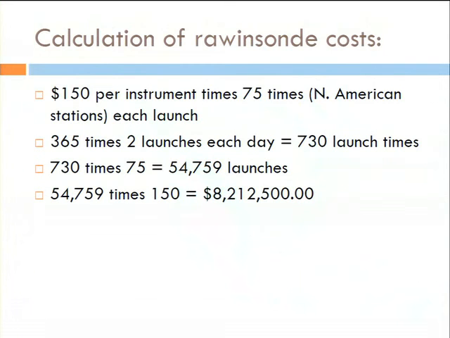And they're actually fairly cheap, relatively speaking, right? So they only cost about $150 per instrument. And yeah, so if you do some simple calculations, the number of stations across North America, it runs out to about $8 million per year.